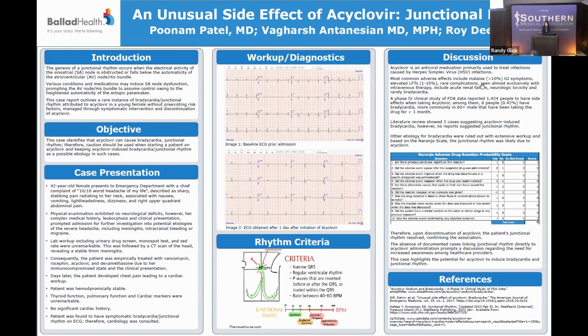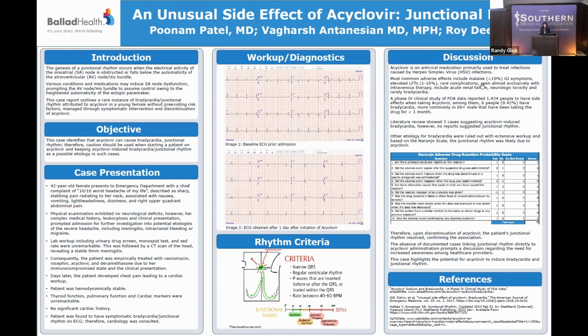One day later, the patient started complaining of chest pain, so that led us to do a cardiac workup. The first EKG you see is a normal sinus rhythm that she had about 2 days before presentation to the hospital. The next one is the one she had when she was complaining of chest pain.